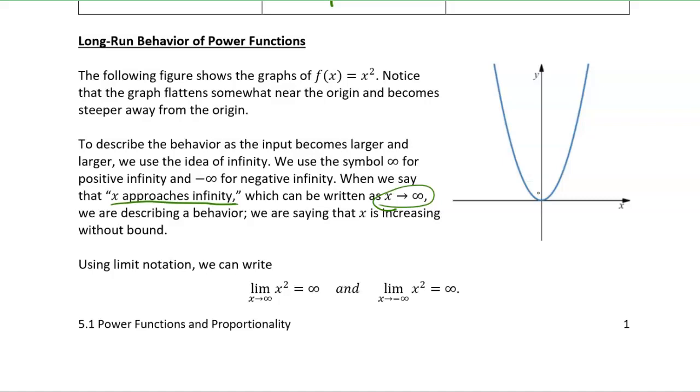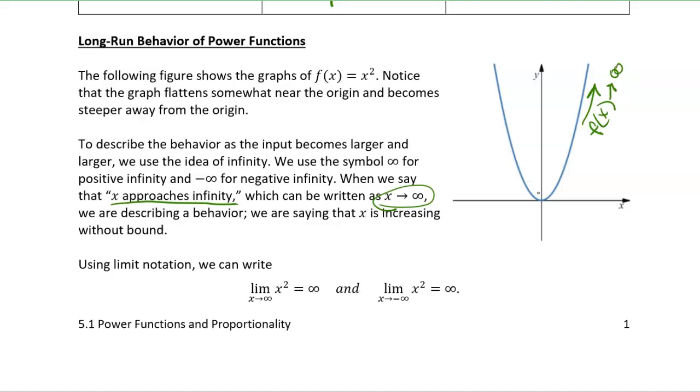So if we look at this function x squared, you can see that as x gets larger and larger, as x approaches infinity, the value of the function also gets bigger and bigger, right? So the value of the function f of x also approaches infinity, as x gets larger and larger, okay?